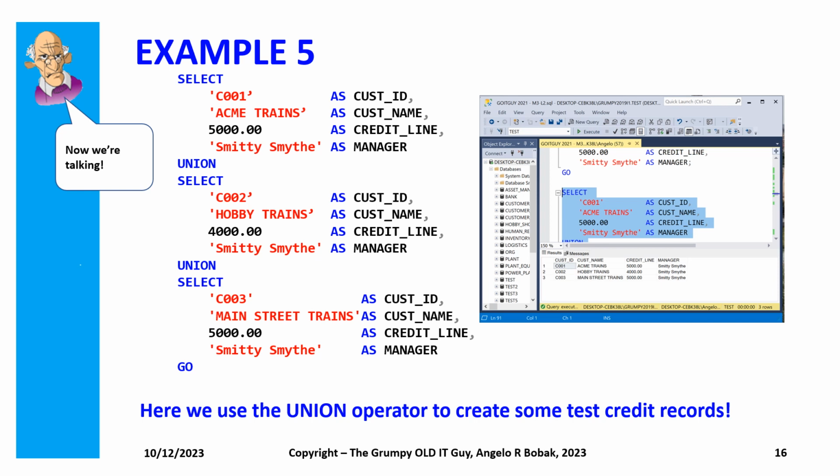Union. Select C003 as cust_id, Main Street Trains as cust_name, 5000.00 as credit_line, Smitty Smythe as manager. GO. Here we use the union operator to create some test credit records.